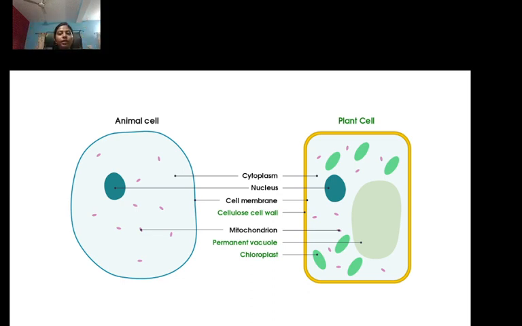Yes. In addition to the cell membrane, there is an outer thick layer in cells of plant cells called the cell wall, right? See, outer thick layer. In plant cell, both we have, like cell membrane also and cell wall also. See, cell membrane is inside, outside the cell wall is there.